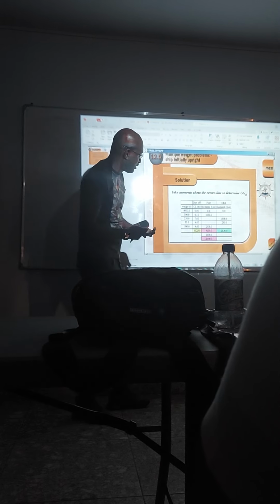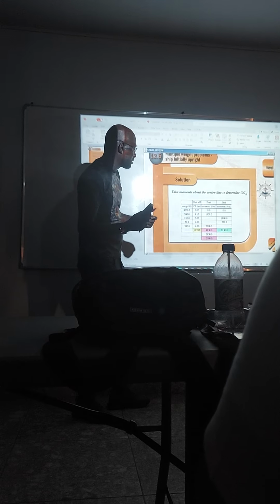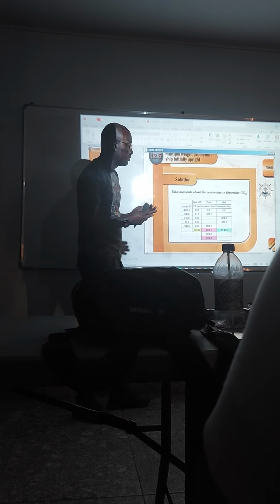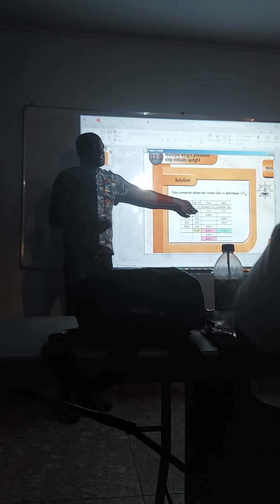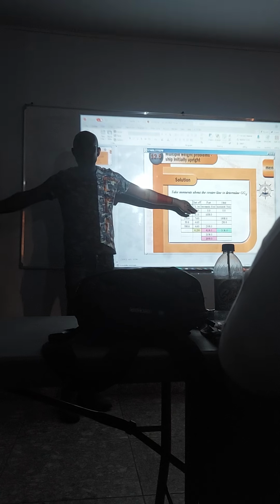Now, this here is what I think some students got confused about also. Initially upright: if we're initially upright, there is no distance on the starboard side, there is no distance on the port side. There is no distance off the center line, whether port or starboard. So that's why this here is 0.